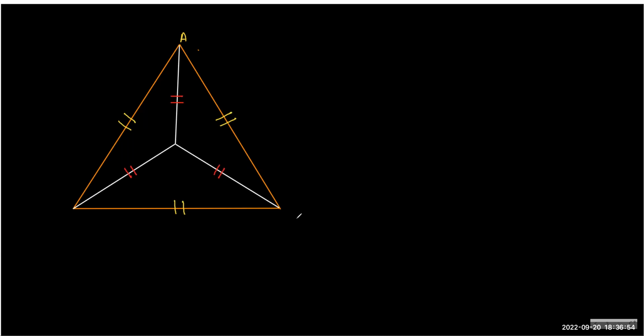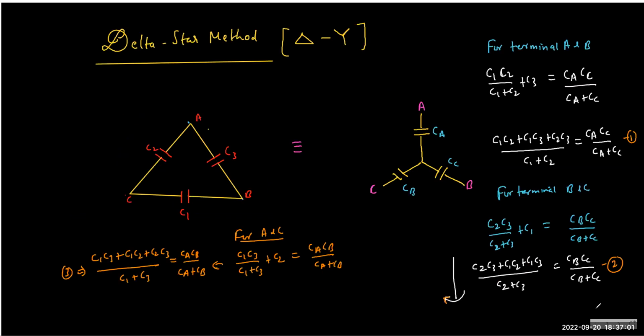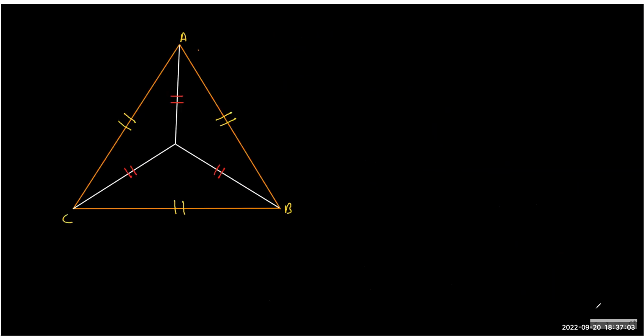This was A, correct? This was the ABC assumption. 1, 2, 3. CA.